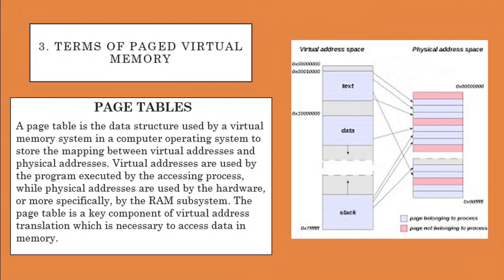Okay, page tables. A page table is the data structure used by the virtual memory system in a computer operating system to store a mapping between virtual addresses and physical addresses. Virtual addresses are used by the program executed by the accessing process, while physical addresses are used by the hardware, or more specifically by the RAM subsystem.